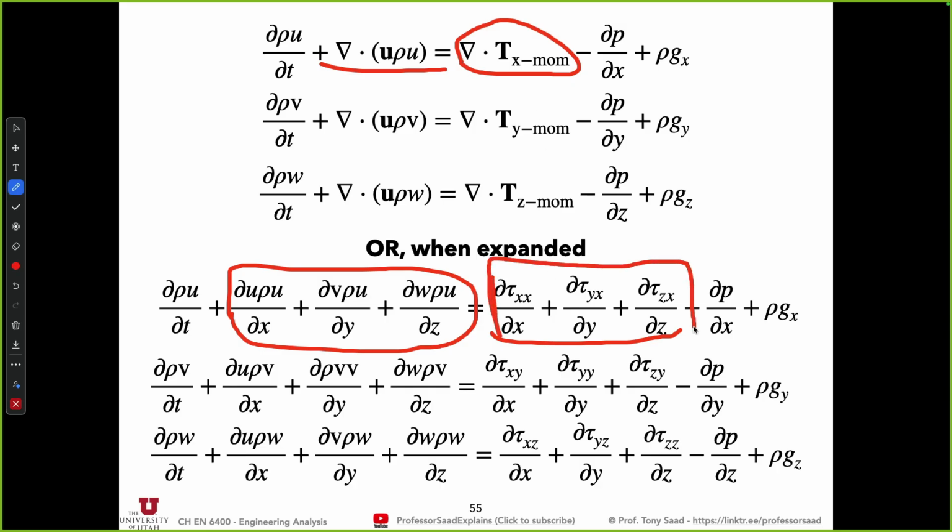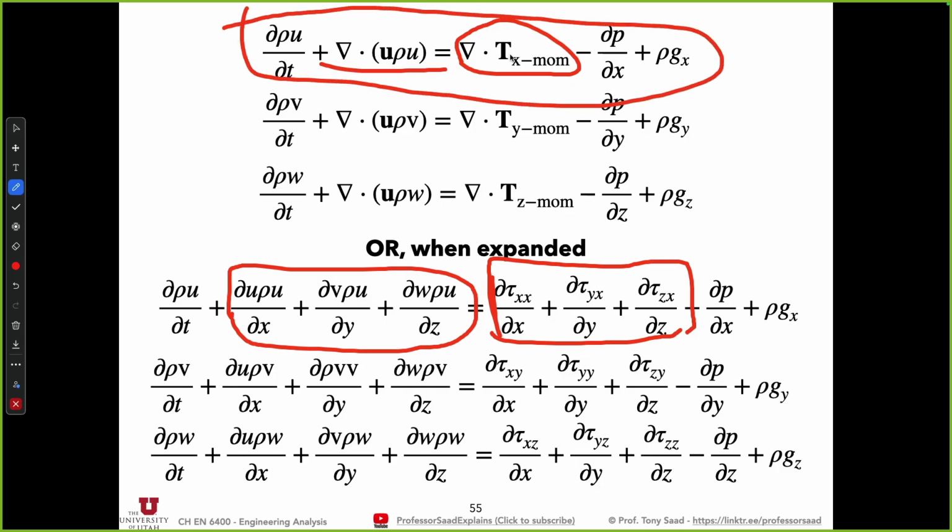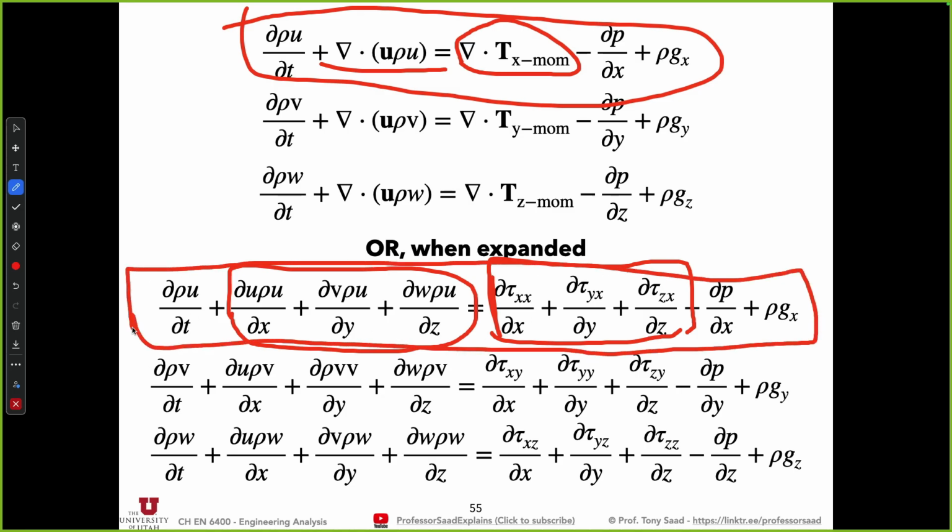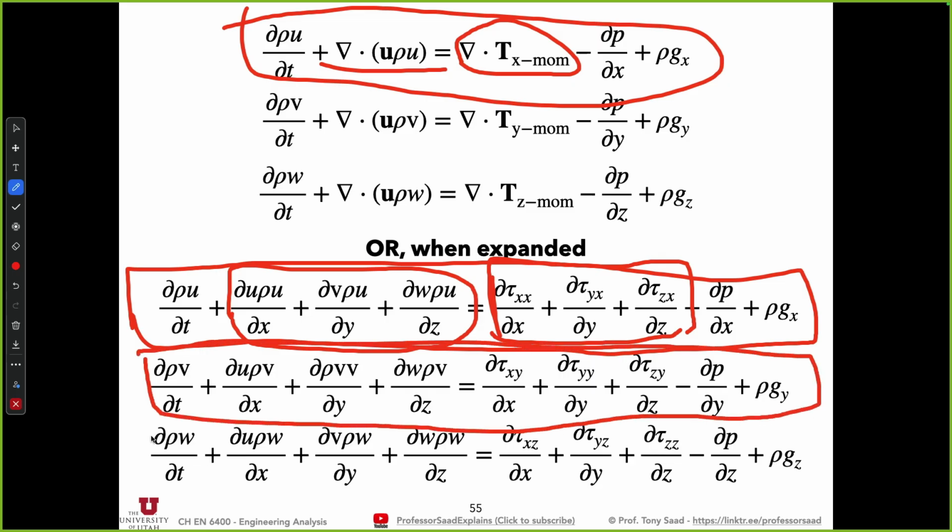Once you take the divergence, it becomes a scalar. So this is proof to you that although this equation has vectors in it, the divergences knock out those vectors and turn them into a scalar. So this is a scalar equation for x momentum, this is the scalar equation for y momentum, and this is the scalar equation for z momentum.